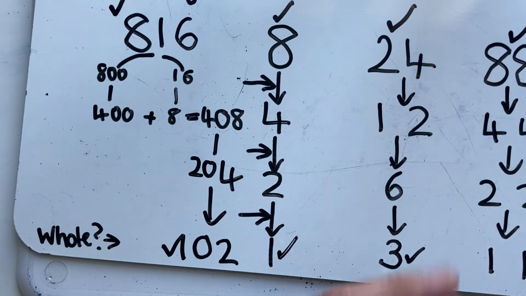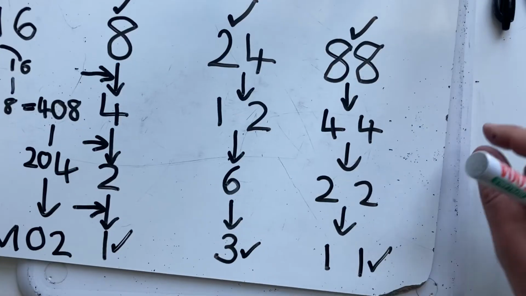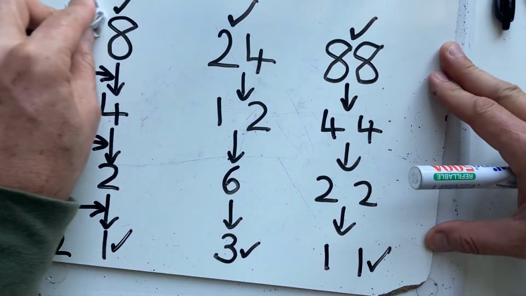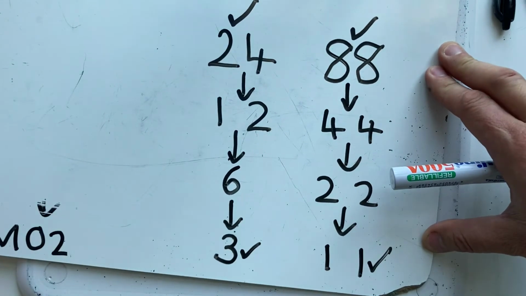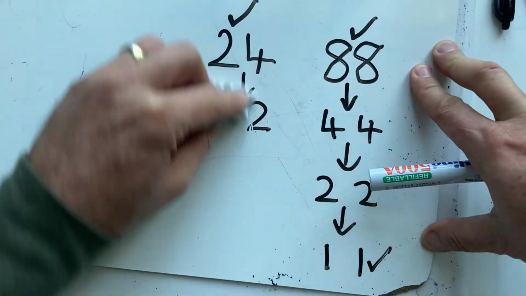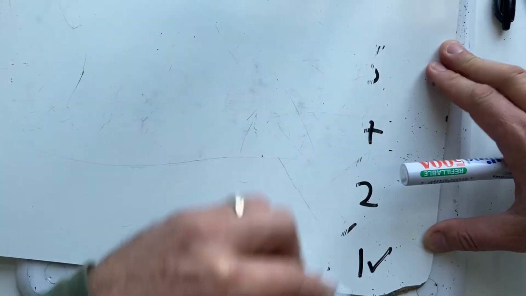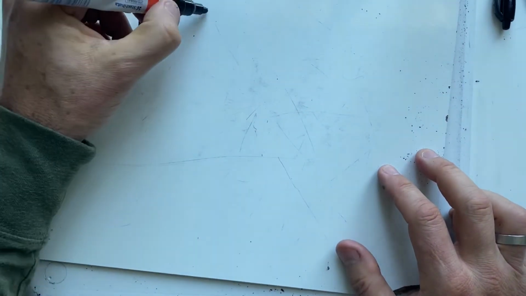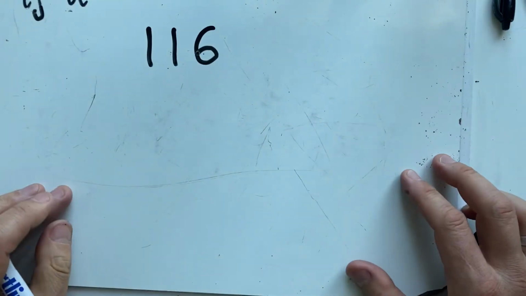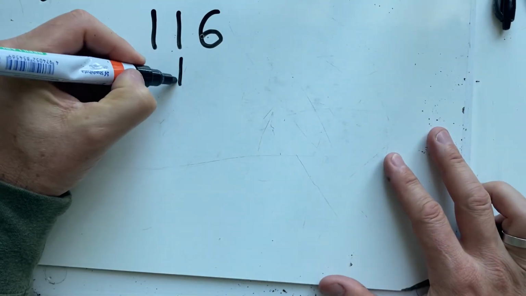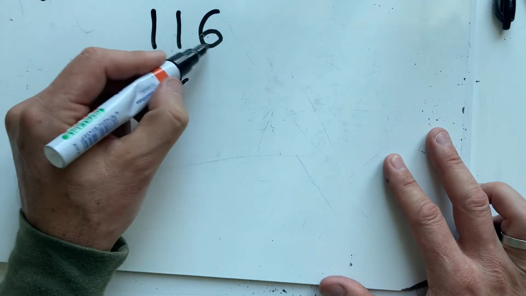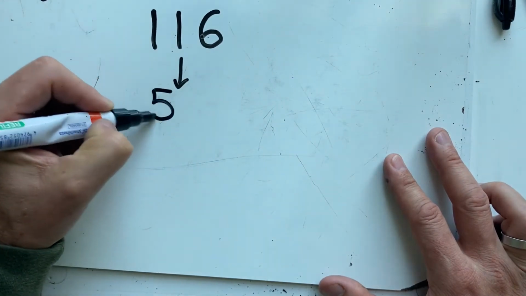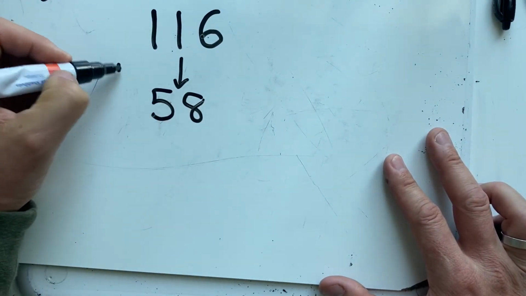Now let's just try a number that is not divisible by 8. I'm going to try the number 116. Let's halve that. Well, half of 100 is 50. Half of 16 is 8, so that's going to be 58. So I can halve it one time.